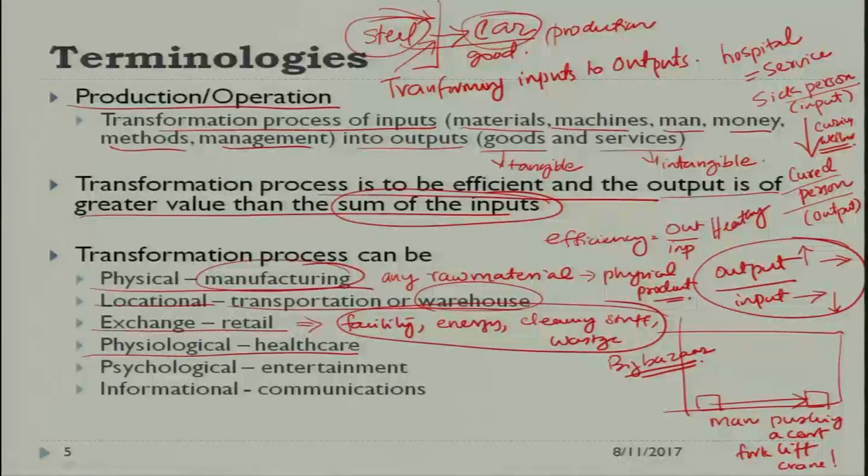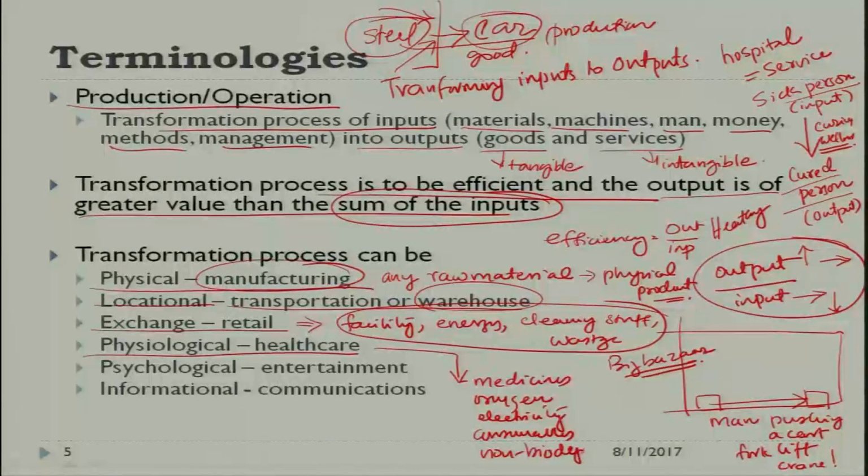Healthcare, again the same thing. You go to a hospital to get well, and the hospital uses medicines, oxygen, electricity, consumables, non-biodegradables. Quite a lot of things are used by a hospital.